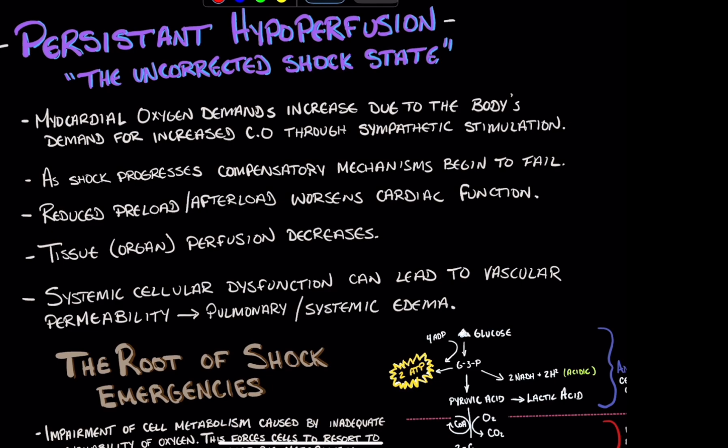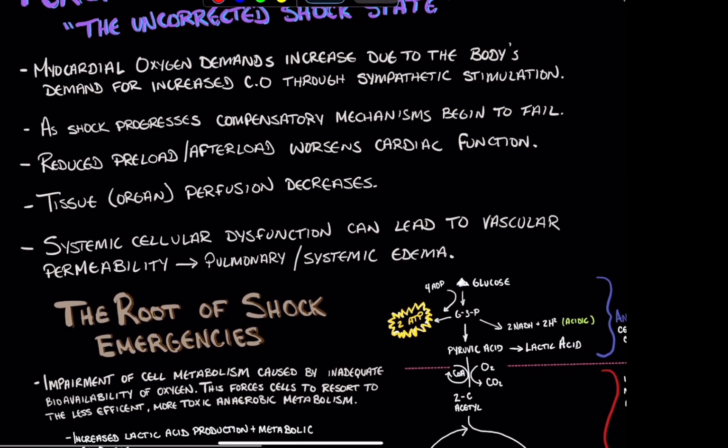As these pressures continue to decrease, we'll have decreases in perfusion to the tissues or organs. This, again, is going to cause these tissues to rely on anaerobic metabolism, which will create more byproducts, waste products, acidosis, a few other things which we'll talk about in the next couple portions down here.